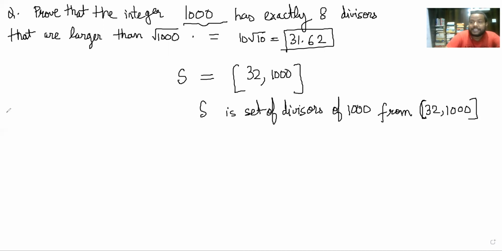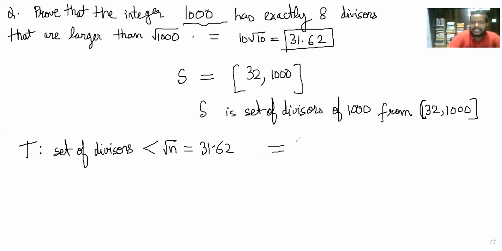However, by the previous problem, we know that the number of divisors is going to be the same if you construct a new set T, where T is the set of all divisors less than root n, which is equal to 31.62. Then that set has the same number of elements as this, right? So now our search can be done in a much easier way, because we have to search only from 1 to 31.